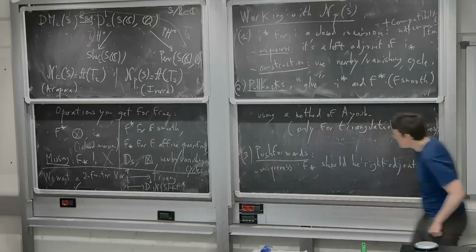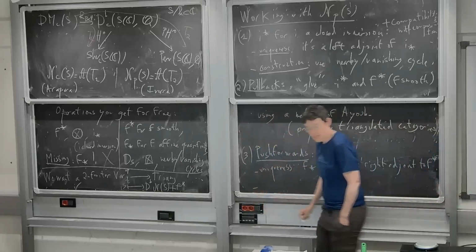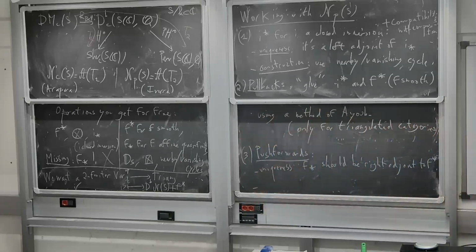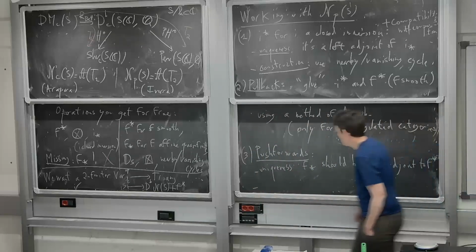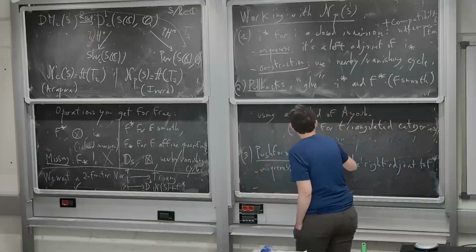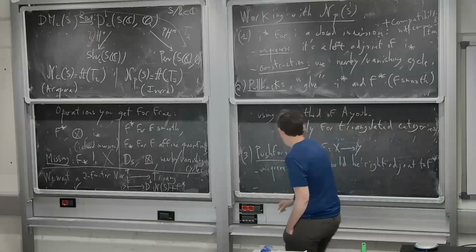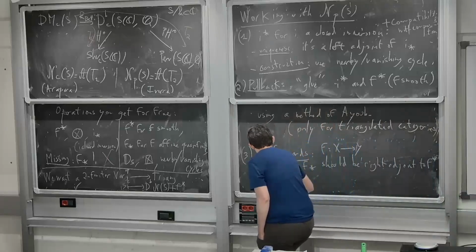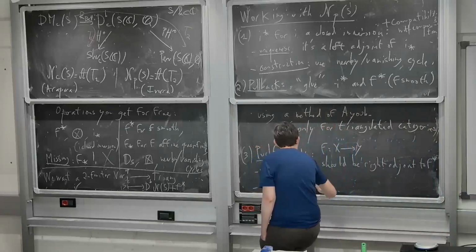Okay. Now, if you know perverse sheaves, you know that pushforwards are nice in one case, the case of affine morphisms, because in the case of affine morphisms, they are right exact and they are derived functors. So then you have this f from X to Y. So you reduce to X affine.